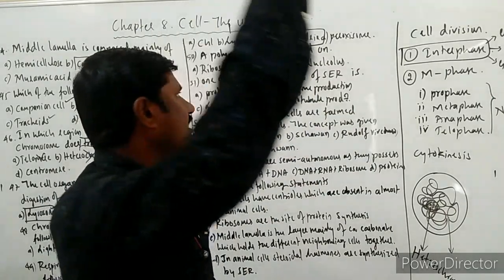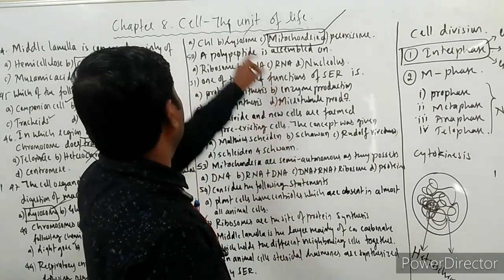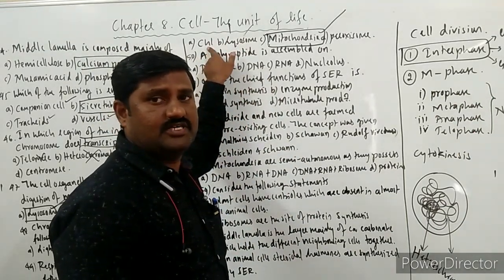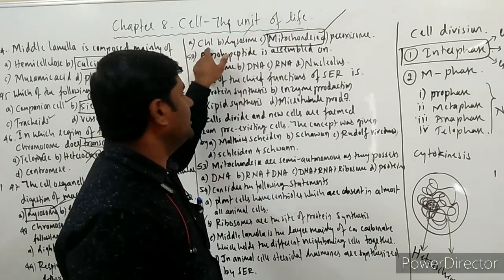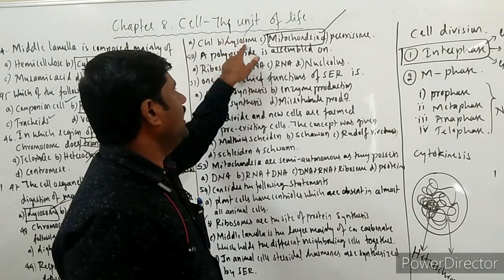That's why mitochondria is the correct answer for this question. So what about the chloroplast? It doesn't help in respiration. It helps for photosynthesis, since it consists of photosynthesizing pigments within it, right?